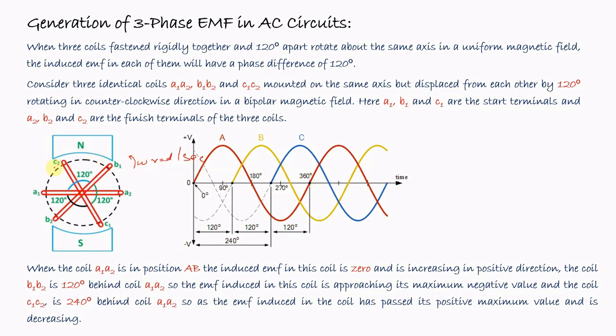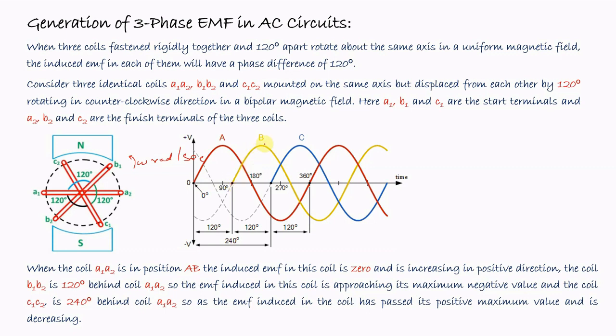As the three coils are rotating in the anti-clockwise direction, the coil B is 120 degrees after the coil A. That means after 0 degrees, after 120 degrees, the voltage of the coil B will start to be induced.